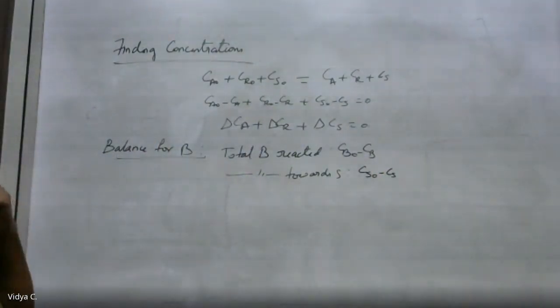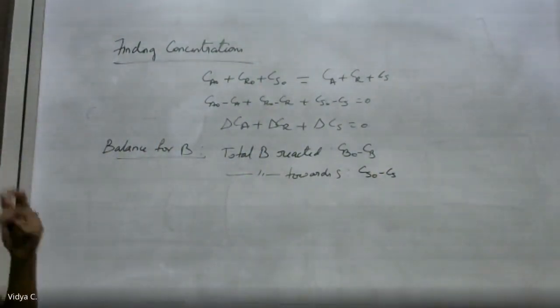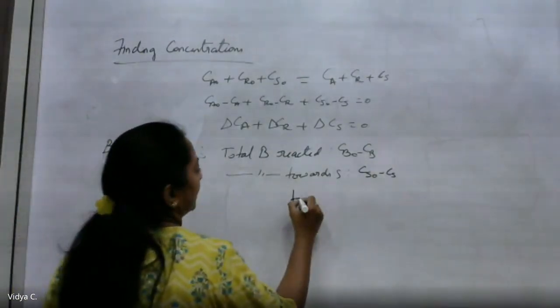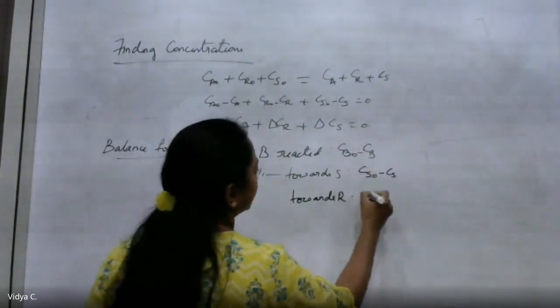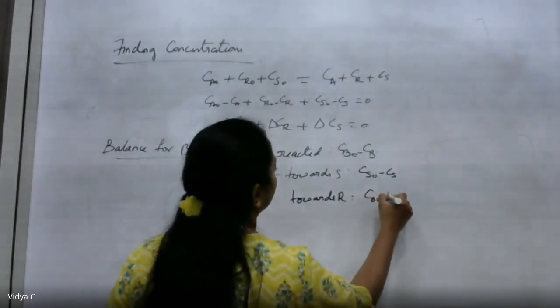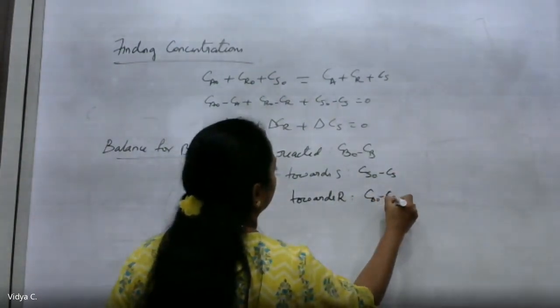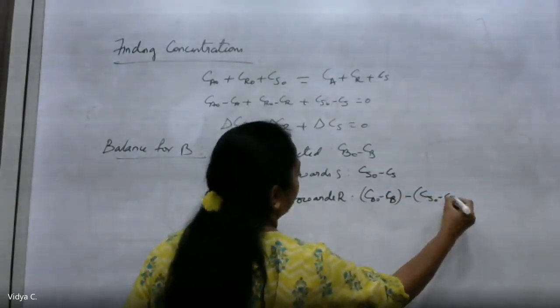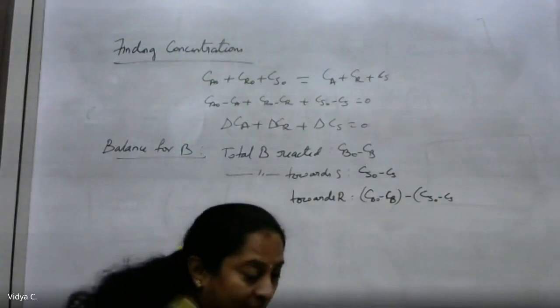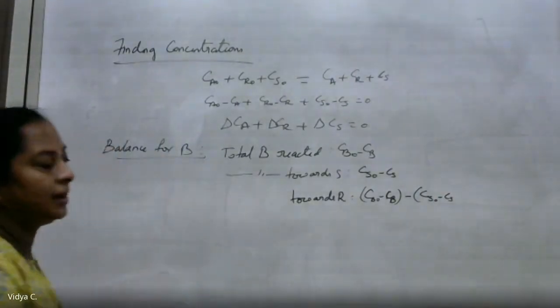Okay. So what will be then total B reacted towards R? So towards R it will be this minus this: CB naught minus CB minus of CS naught minus CS. Okay. So this is total reacted towards R.